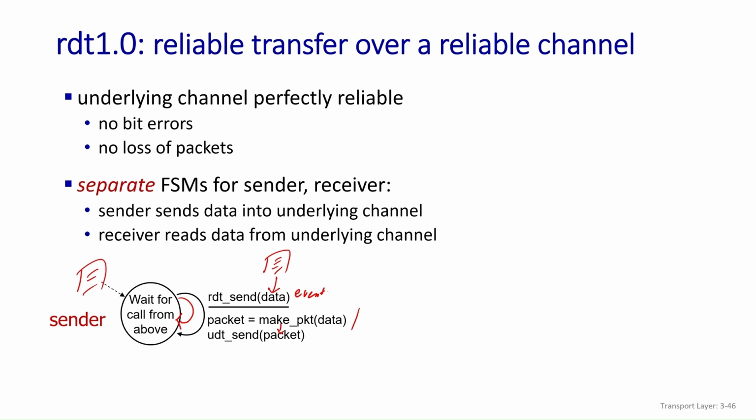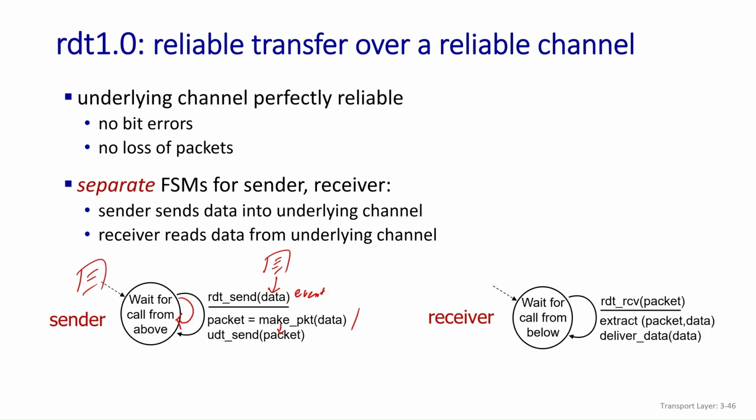Similarly, at the receiver side, one state is enough, and that state is wait for call from below. Whenever we receive data, this is an event that takes place, right? So we receive a packet, and this method is called reliable_data_receive.